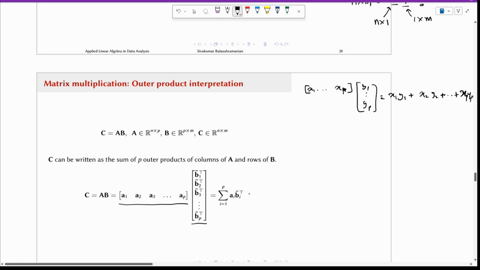And what are these? So these are essentially A1 B1 tilde transpose plus A2 B2 tilde transpose. What are these though? These individual elements.